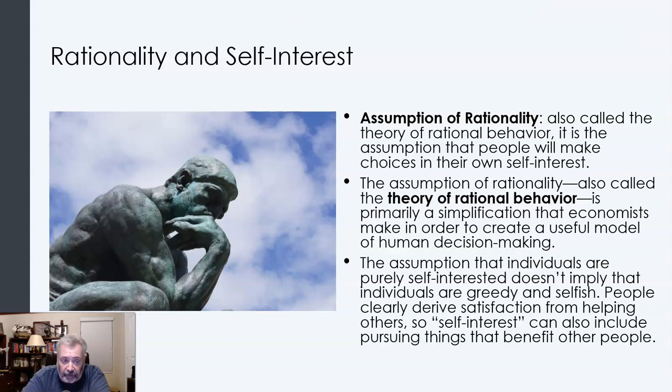And it is rational to pursue your own self-interest. Now, they say this is a theory of rational behavior. It's a way of simplifying things so that it's better able to understand human decision making. But it has the added benefit of being true.